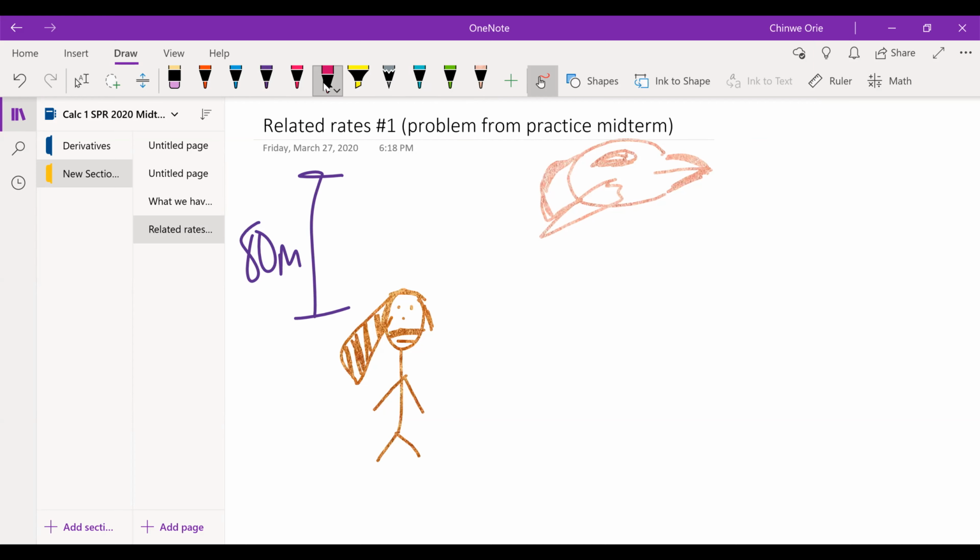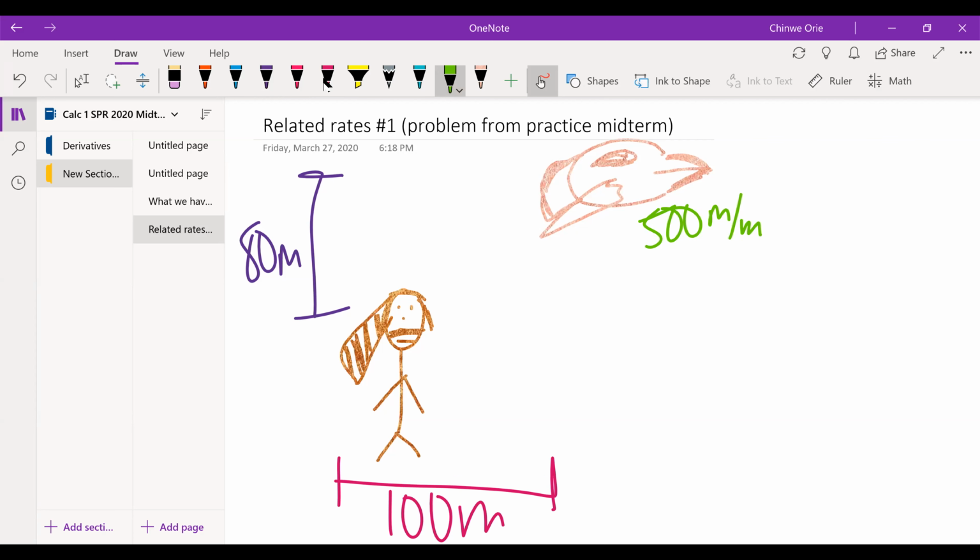So at our time point, we're looking at when the bird is 100 meters away. That's kind of when we're looking at the whole thing. And you said the bird is flying 500 meters per minute horizontally. Yeah. Or I'd say at least that's when the bird was 80 meters above the hunter.